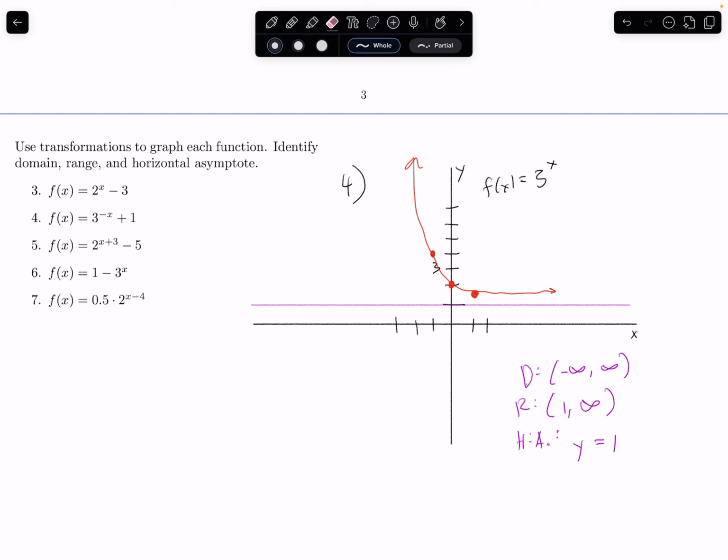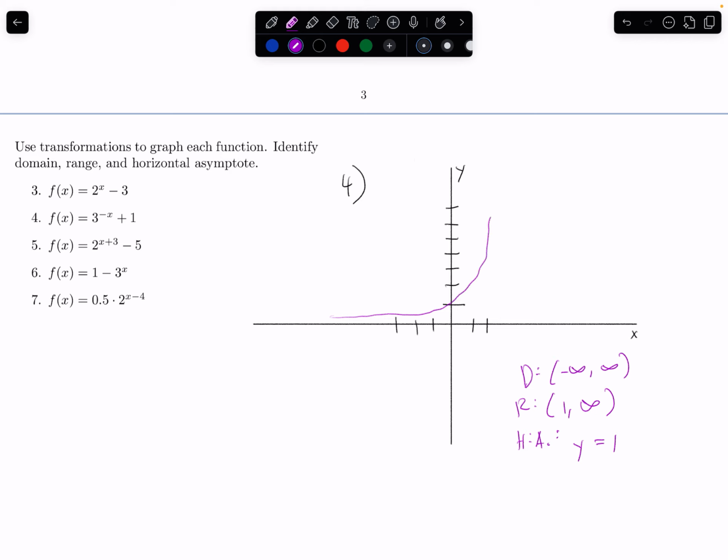Let me also show you guys the original way I would have graphed this, if I were to just shift the center point first. So another option is, from your original graph of 3 to the x power, which is something like this, the center point is right here, and that means you have your horizontal asymptote right here, right?